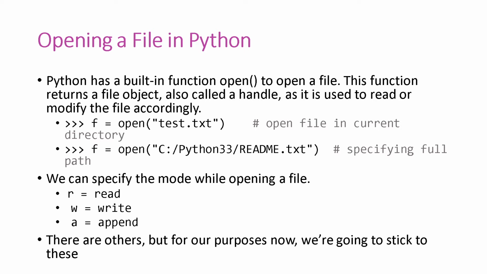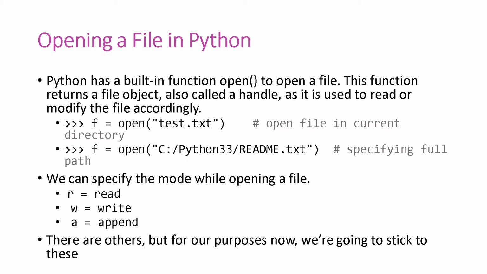Oftentimes you'll see programmers name their files F in these sorts of situations, just like F for file. And it helps us make sense of it. But you could make it whatever you want, as long as it fits into our variable naming schema that we previously discussed.